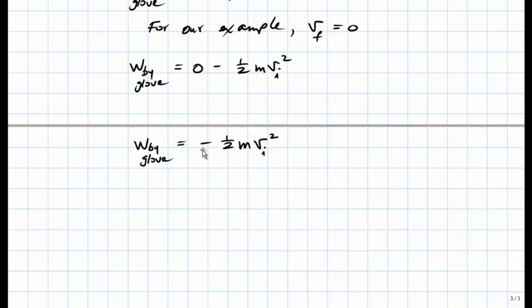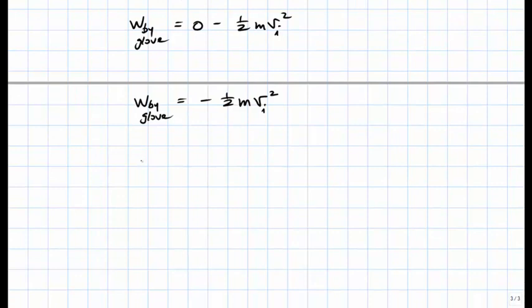Now, we set out to find the work that the ball can do, not the work that the glove can do. So what's the relationship between the two? It turns out that the work done by the ball against the glove just equals the negative of the work done by the glove against the ball.